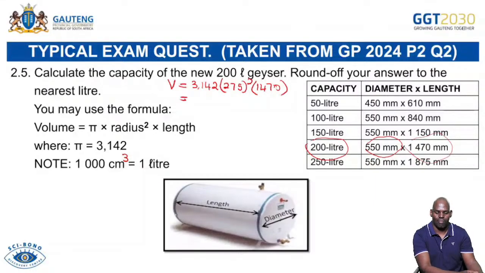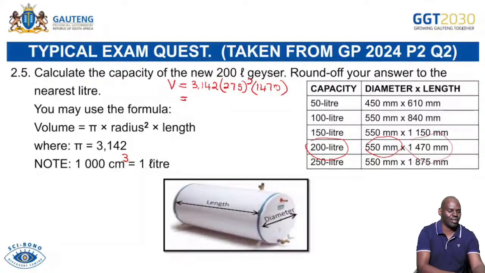The reason why I start with the square is because most of you forget the square. So I'll start by saying 275 squared, and then times 1470, and then times 3.142.